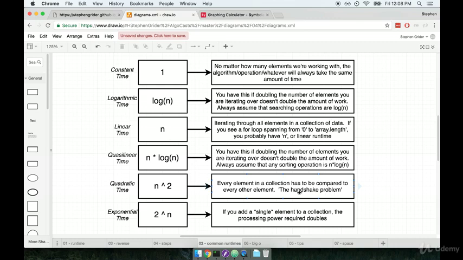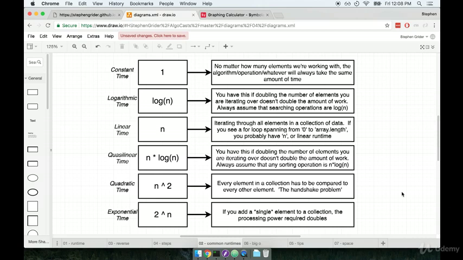A very easy way of identifying an algorithm that uses quadratic runtime is what I like to refer to as the handshake problem. So an easy way to picture this, imagine a group of people standing in a room. If you send some additional person into that room and you introduce that new person to everyone else and have them shake hands, that would be essentially an n squared complexity.